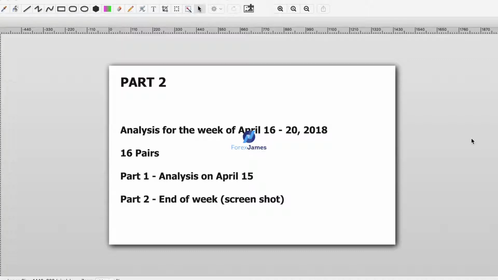And it's best to do it during the market close, so that way we will just be as objective as possible. And most of the time we won't have any open positions for the weekend, so it keeps us really objective and not have a bias because we have an open trade or open position.